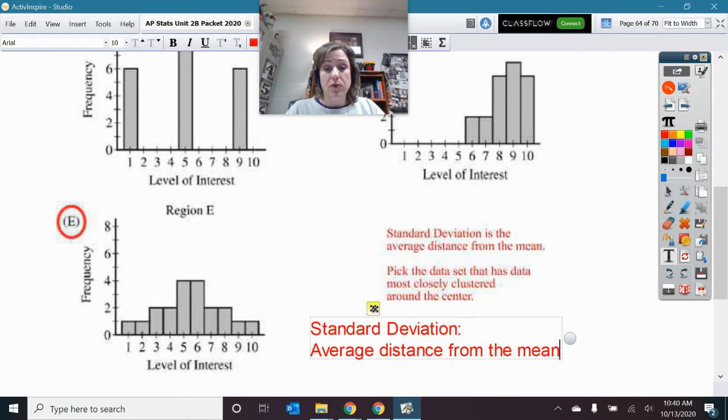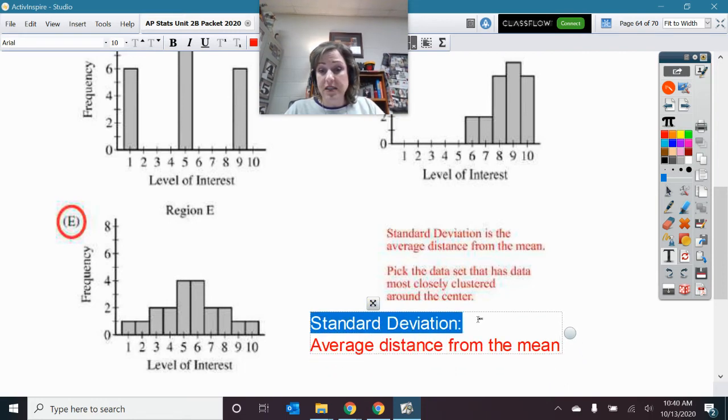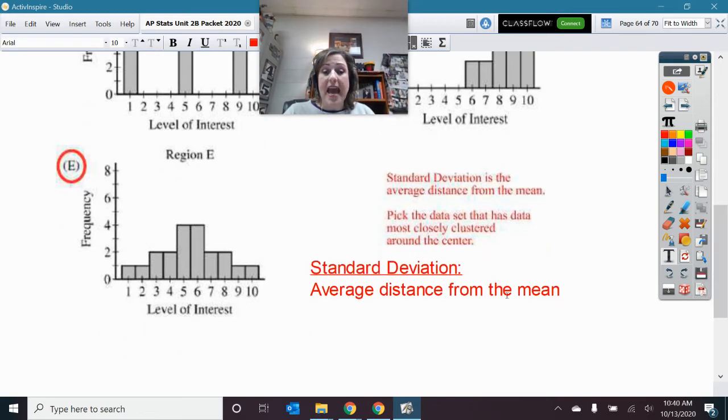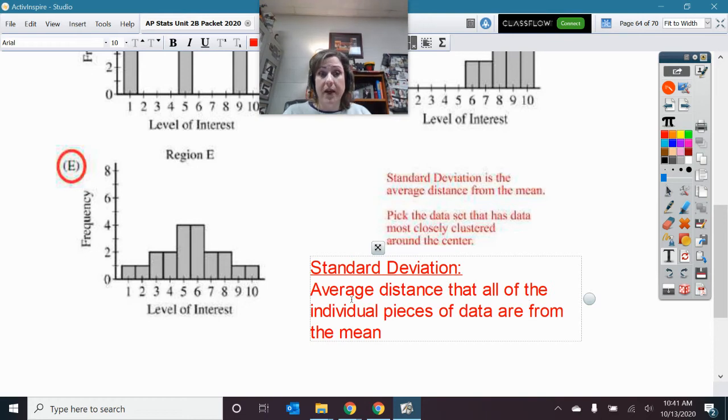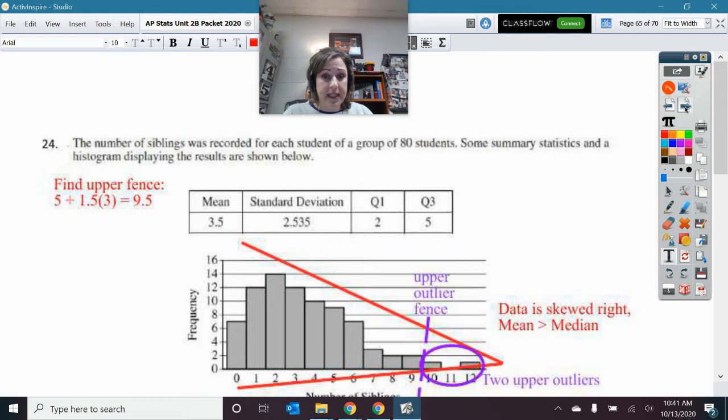So if you are asked what's the interpretation of this standard deviation, look for the answer that's describing the average distance that all of the individual pieces of data are from the mean. Okay, very important there. All right, next.